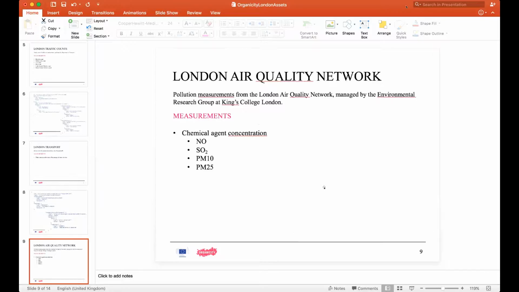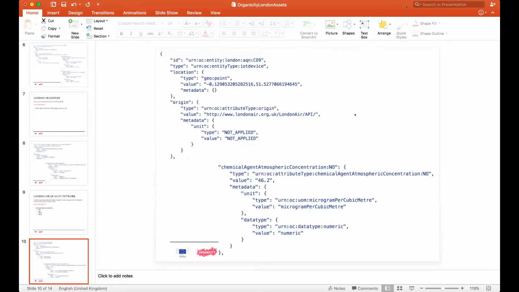We connect to the London Air Quality Network that is managed by King's College London, and they have sensors that can measure concentration of nitrogen oxide, sulfur dioxide, and also small particles, two types of small particles. And as with the other assets, it's starting to become familiar, I guess.